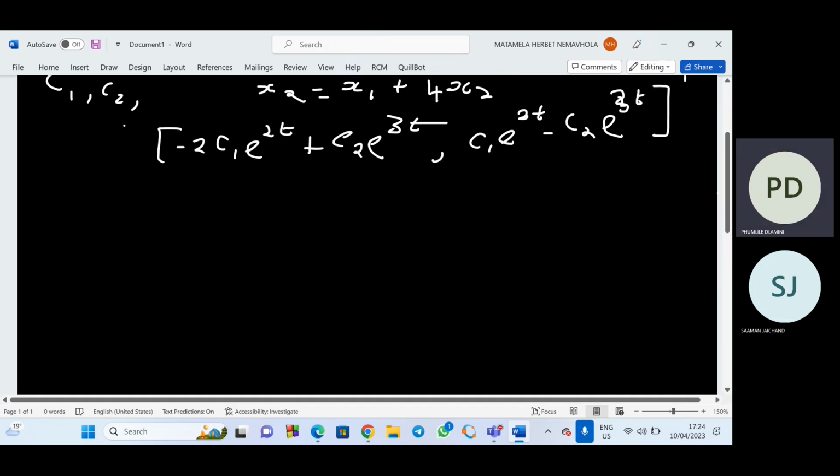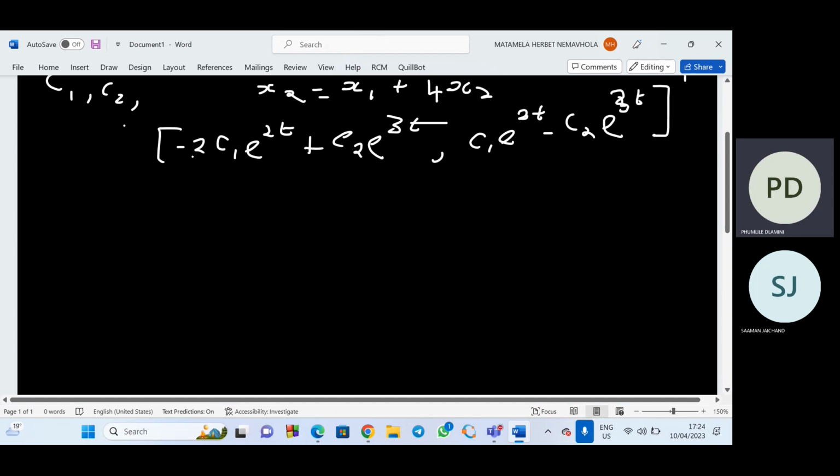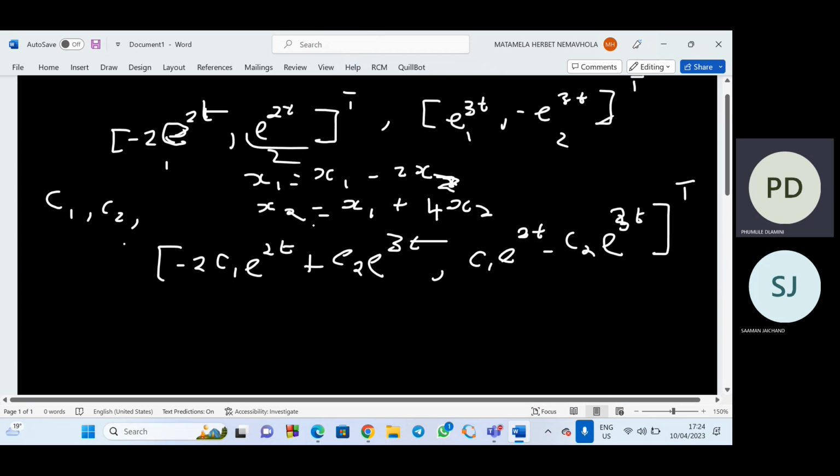So this is how you would write it with Theorem 1.4, the superposition principle.